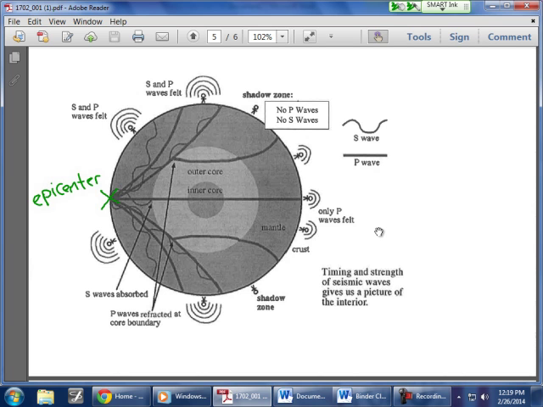This is the epicenter. Once the earthquake happens, you can see there are waves going out in all directions. What do you guys think this wiggly line here means? That's the S wave. How do you know that? Yeah, it's wiggly and it says it over here. And then the other one's the P wave.